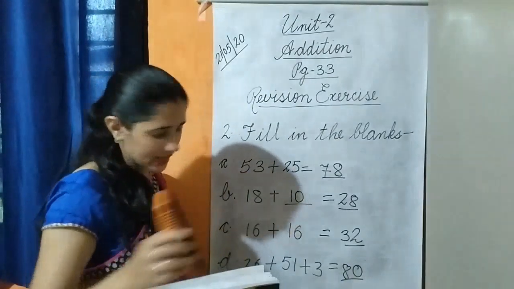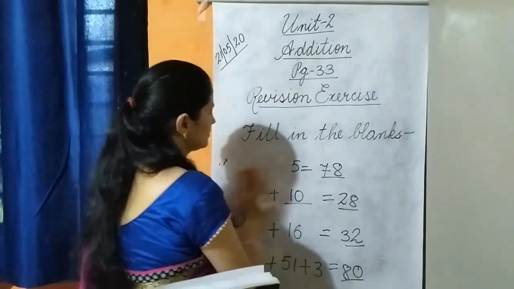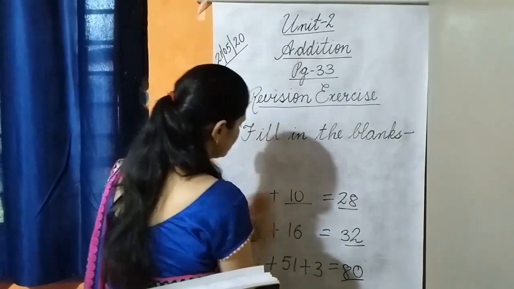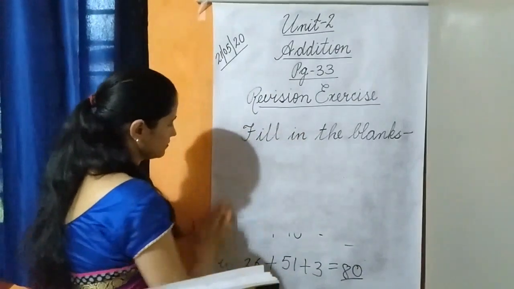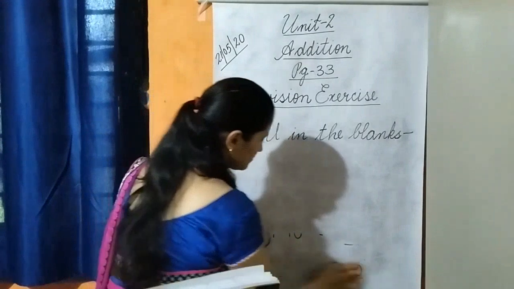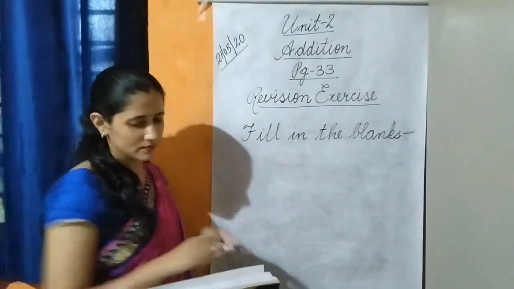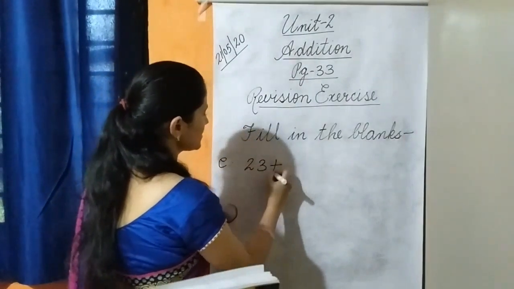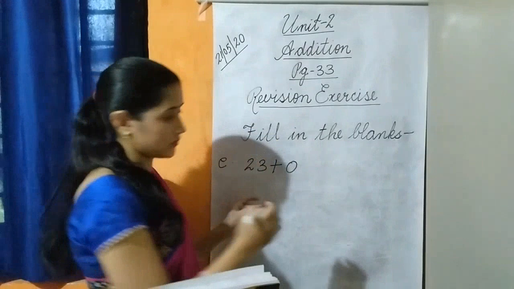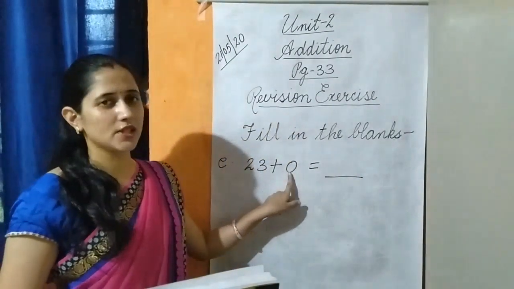We have to do E, F, G, H. 23 plus 0. 3 plus 0.